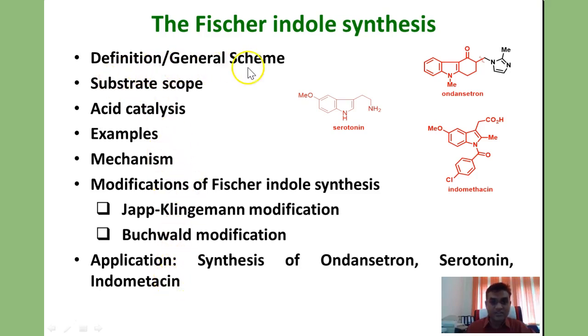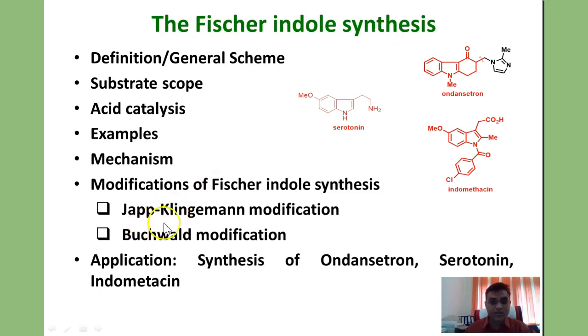We will see the general scheme of Fischer indole synthesis, substrate scope, acid catalysis, examples, and mechanism of Fischer indole synthesis. Fischer indole synthesis requires phenylhydrazine as one of the substrates, and there is a little difficulty to procure a phenylhydrazine derivative, and therefore some modifications have been proposed in the original Fischer indole synthesis.